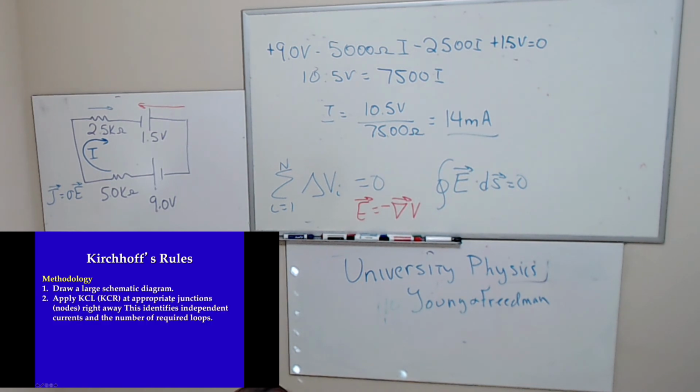Once you've drawn the big picture, you want to apply the current rule right away. The idea is to figure out how many independent currents there are, and you'll see what I mean when I talk about the example. How many currents are independent of each other?